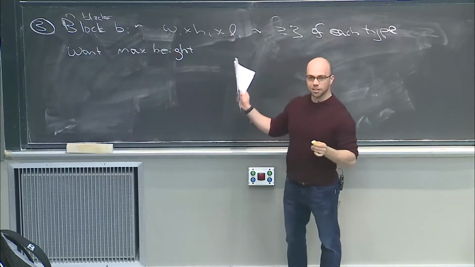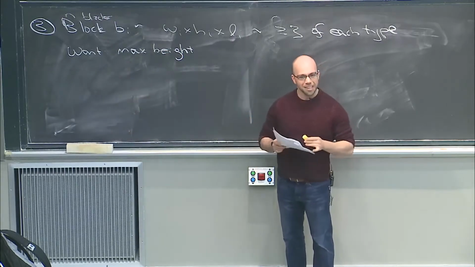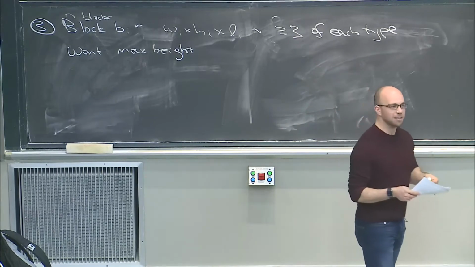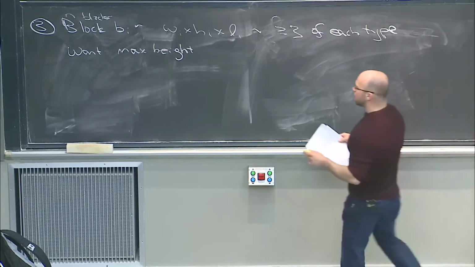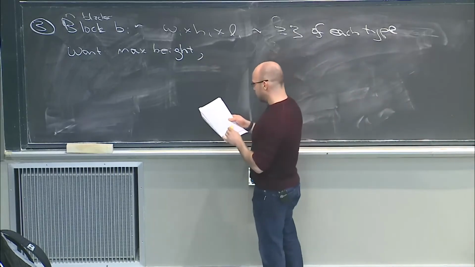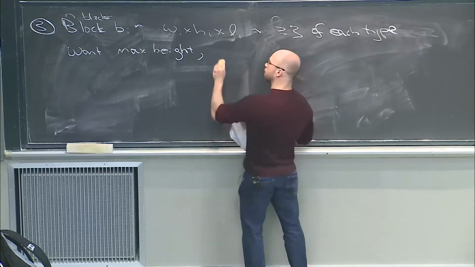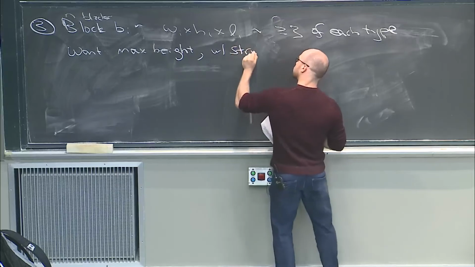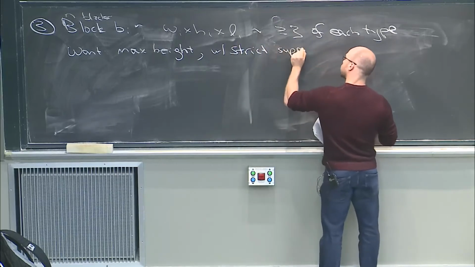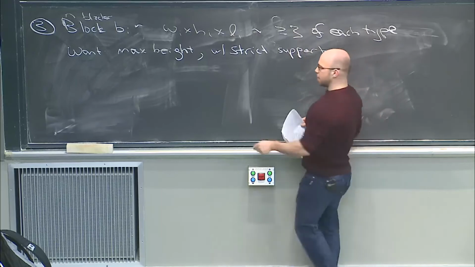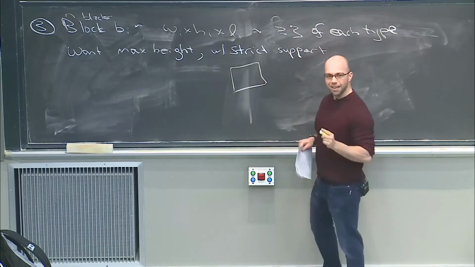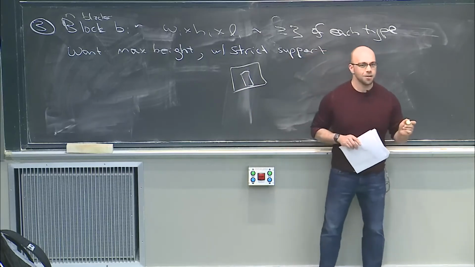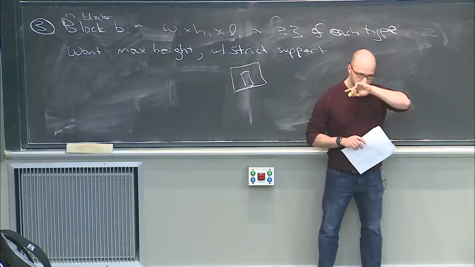So she wants the max height that she can achieve, but, because she's very concerned with structural stability, she lives in an earthquake zone, with the condition that each block is strictly supported on the block beneath it. So in other words, if this is the base of one block, then the next block that's stacked on top of it has to be strictly contained within the block below it, right?